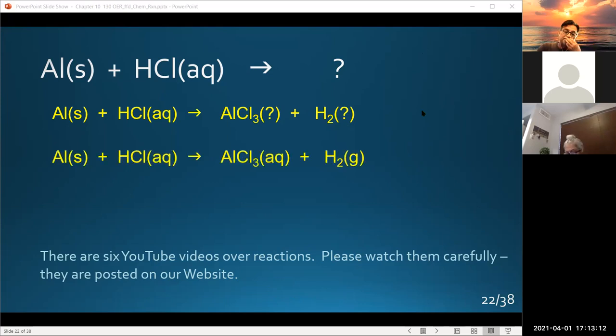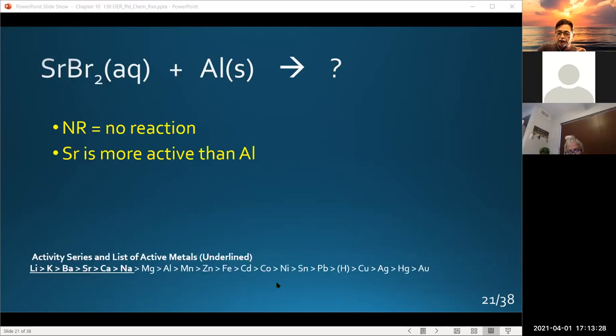And aluminum chloride, we know it's soluble, again, based on the solubility, hence AQ. And H2 is a gas. So here's an example of a metal. Look at where aluminum is. It's not one of the highlighted metals, the first 4 or 5 of them, up to lithium through sodium.